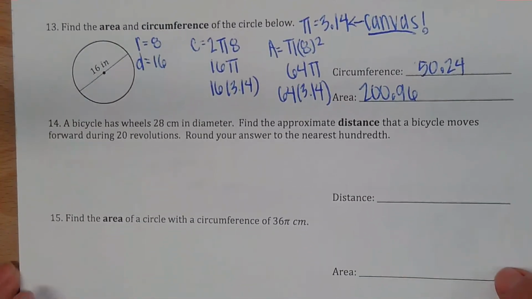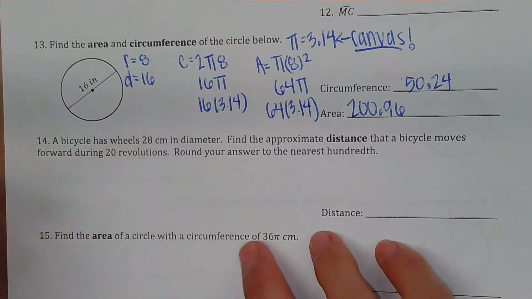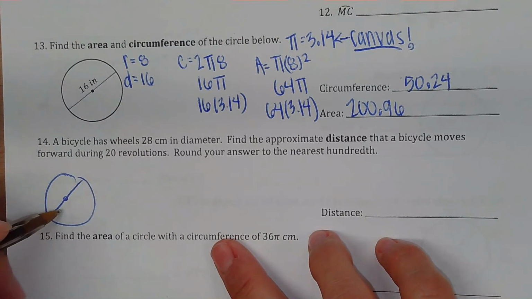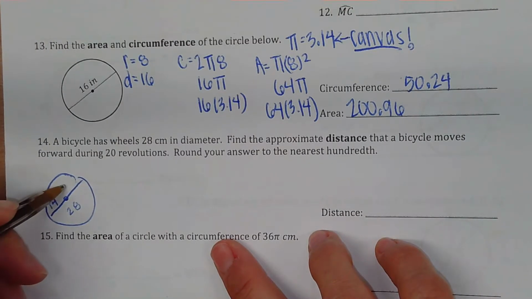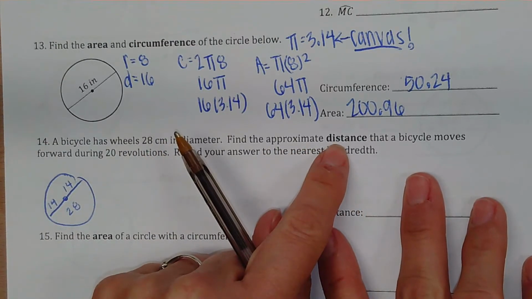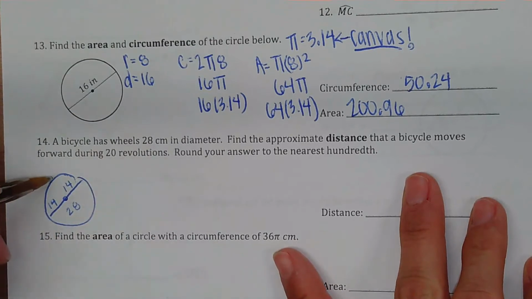Okey doke. This one is a tricky one. It says a bicycle has wheels of 28 centimeters in diameter, meaning that our radius would be 14. Find the approximate distance that the bicycle moves forward during 20 revolutions.